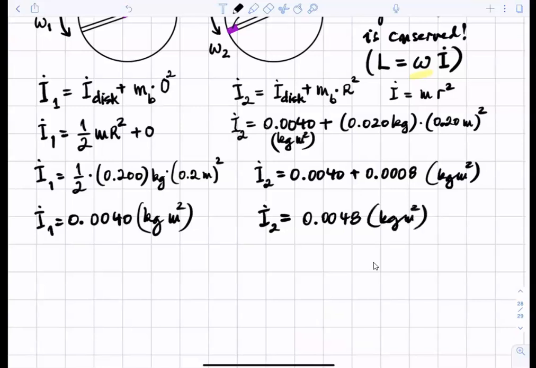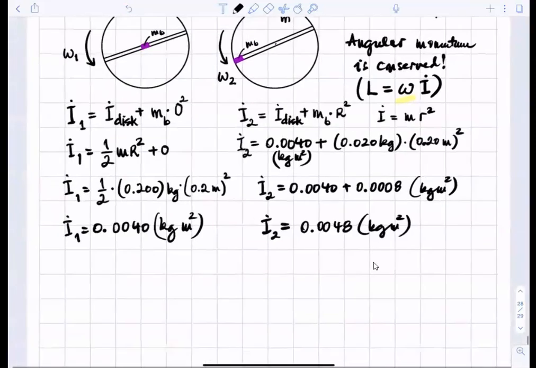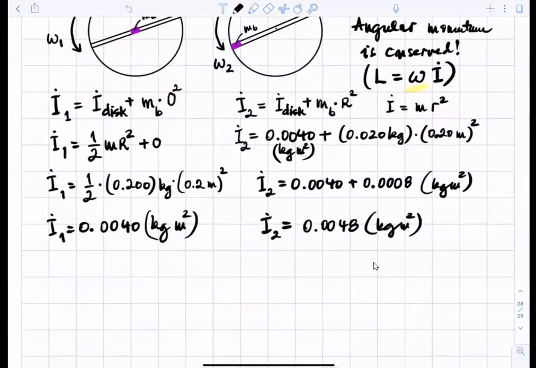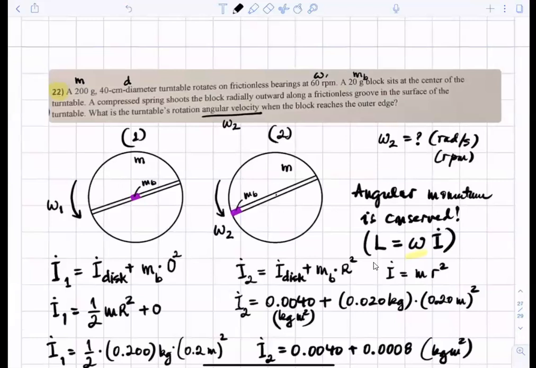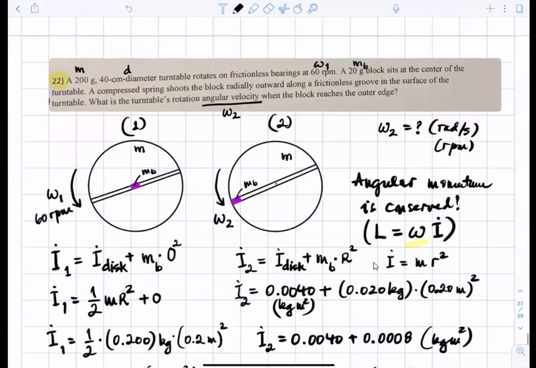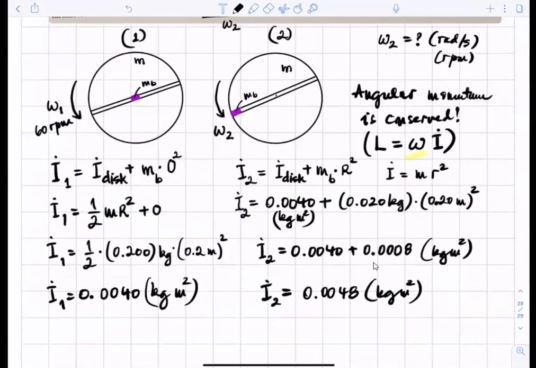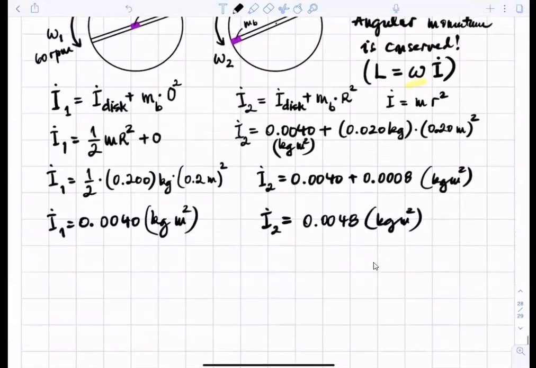All right, so now that we do have our moment of inertia for each case, and we are to combine, we have omega 1. This is the one that was given at 60 RPM. If we leave it alone in RPM when we do the angular momentum conservation, then our final answer will be in RPM.